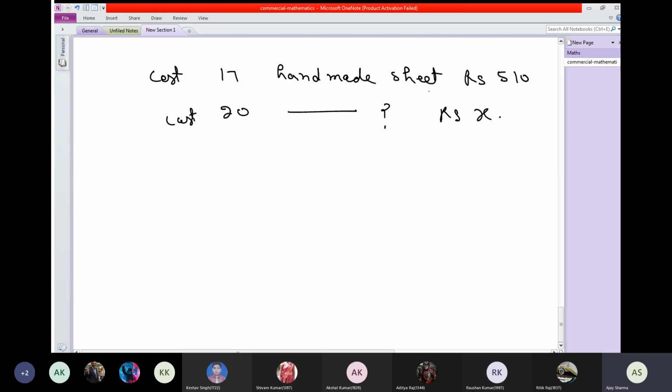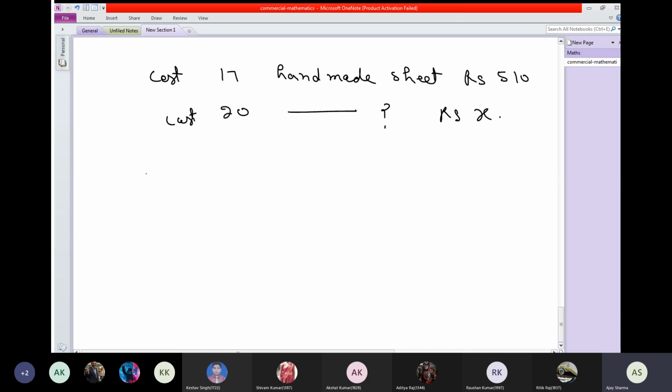The cost of 17 sheets is this one. The cost of 20 sheets, will it increase or decrease? The price of 17 sheets is 510. Then what is the price of 20 sheets? It will increase.